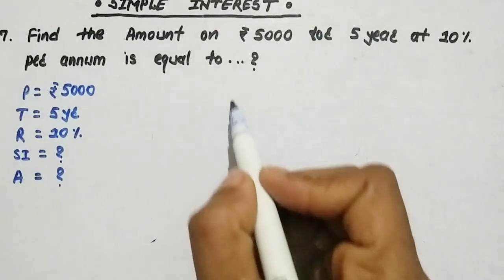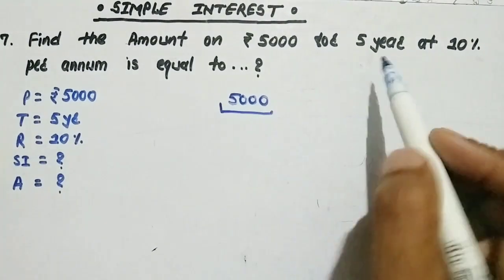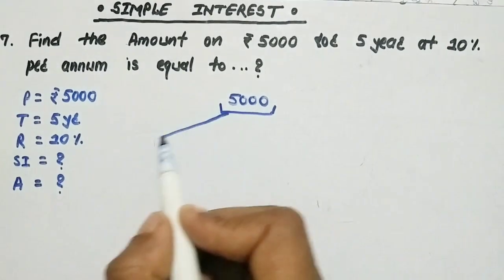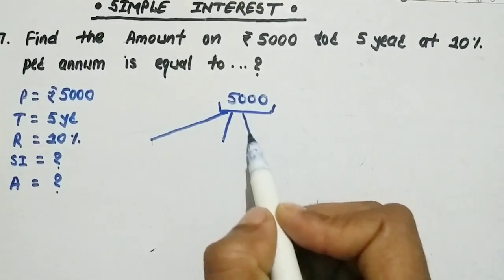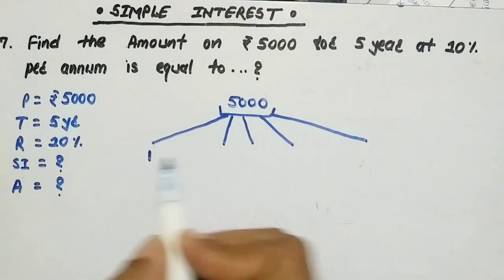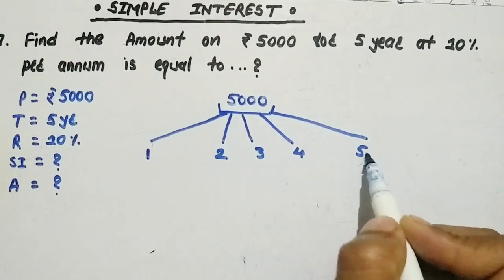Okay, so principal value is equal to 5,000, but for 5 years. So similarly, simple interest is divided into 5 parts. Why 5 parts? Because we calculate for 5 years.